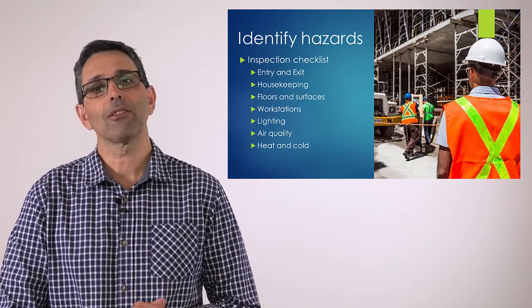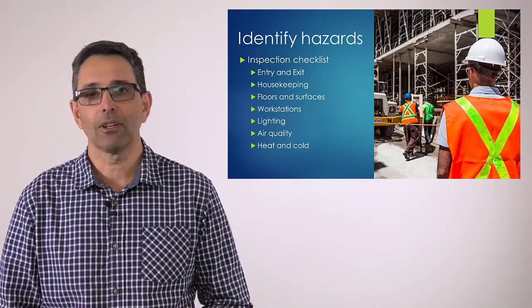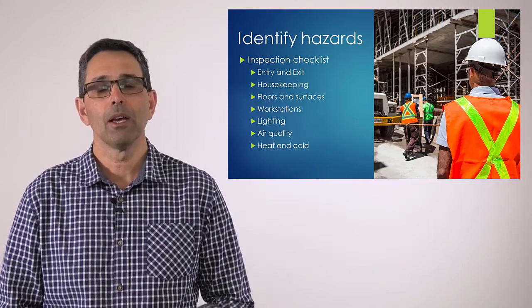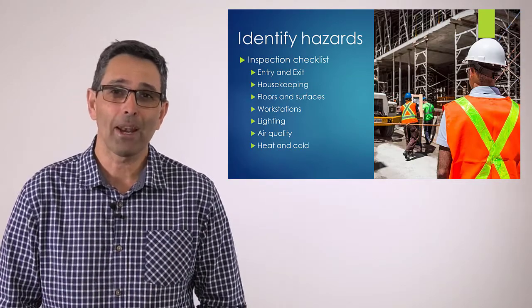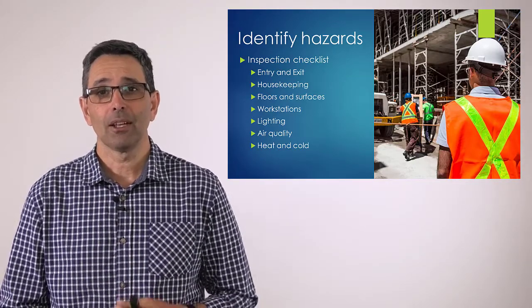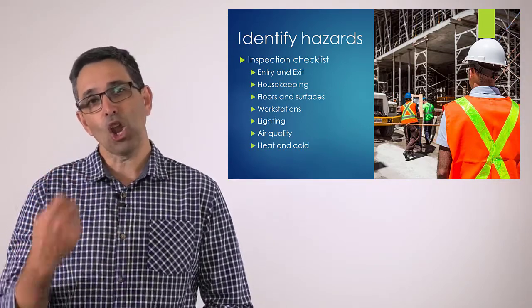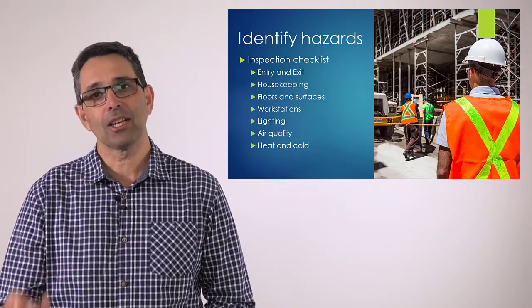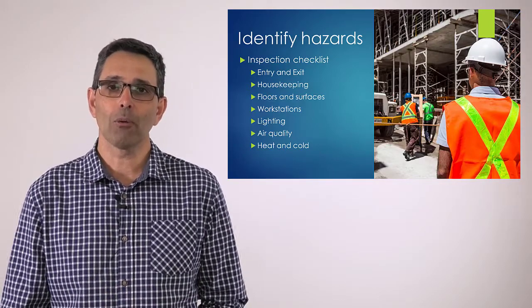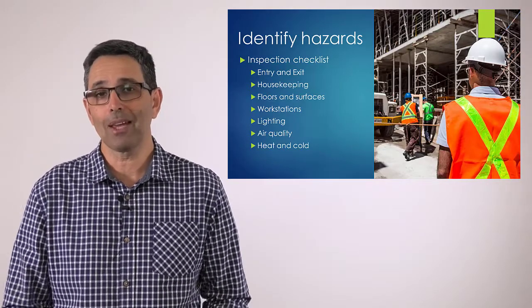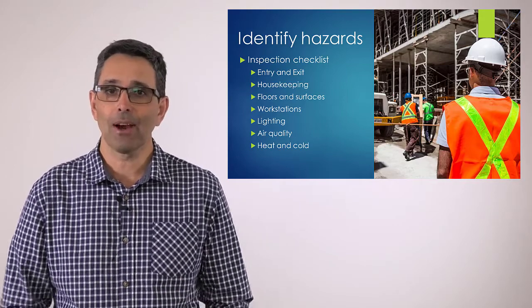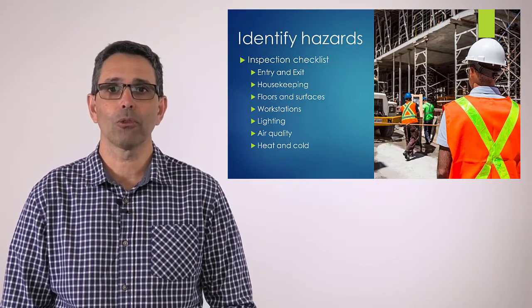So that's going to be things like entry and exits and housekeeping. We're going to be talking about our floor surfaces, trip hazards, slipperiness, that sort of thing. Even things like lighting, ventilation, air quality are all part of the work environment, and we have to identify if there are any hazards coming from any of these sources.